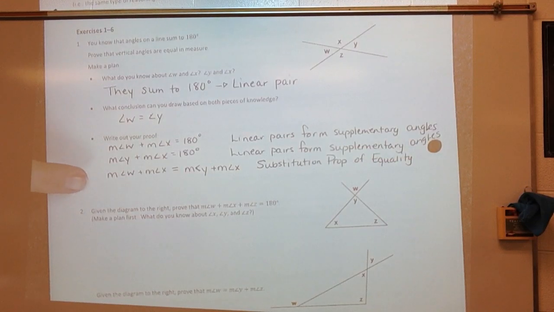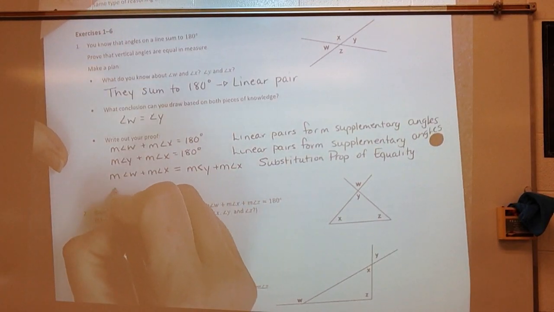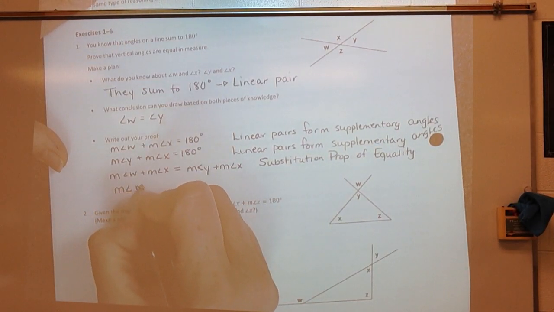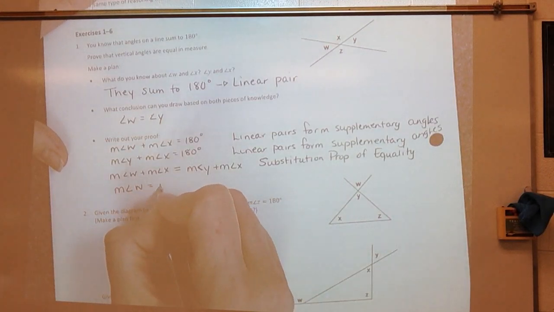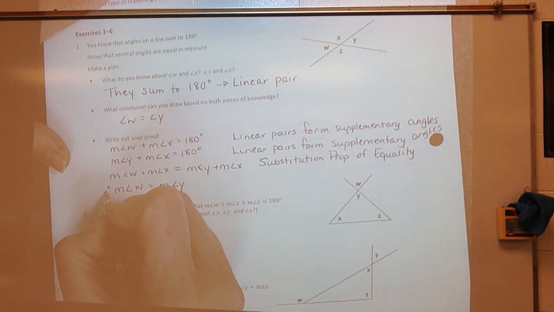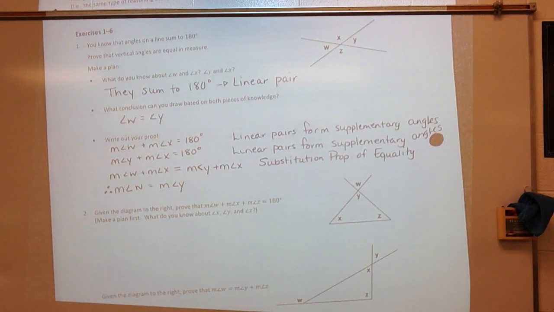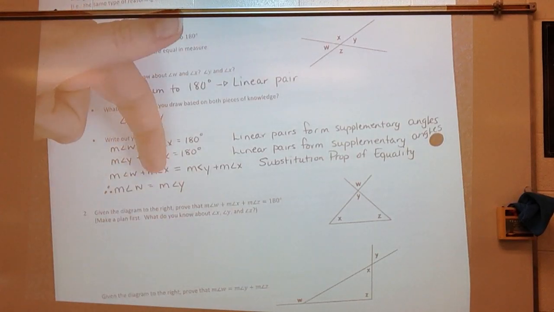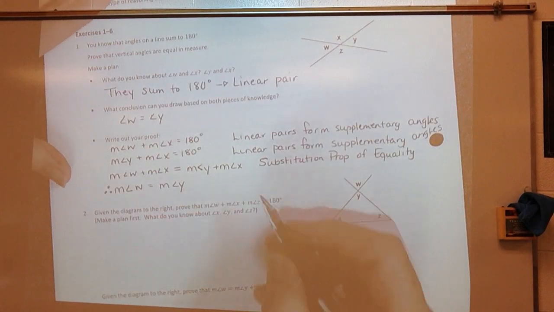So now that I know that I can substitute all of that in, I know that the measure of angle X never changes, so I can now prove that the measure of angle W is equal to the measure of angle Y. And I'm going to put those 3 dots because it shows me that my proof is concluding. Alright? Because I can subtract the measure of angle X from both sides.